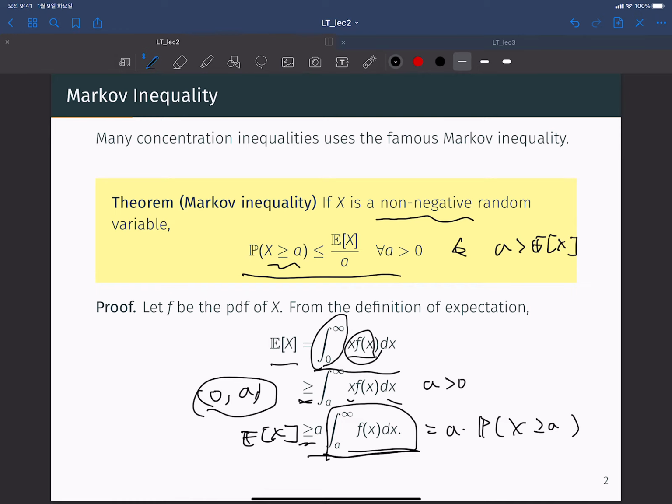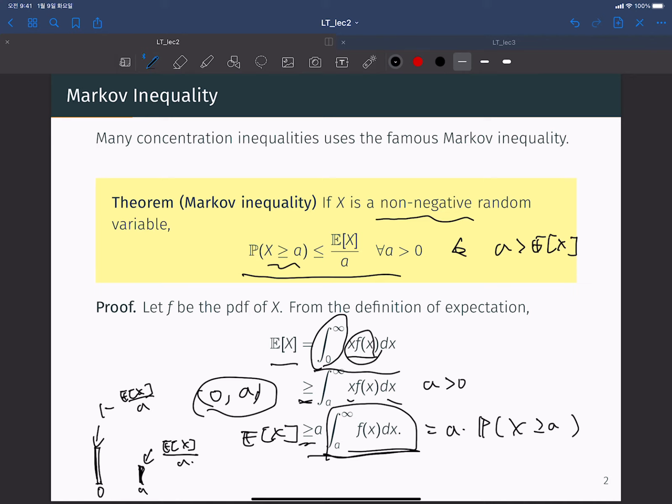The Markov inequality is tight when the probability density function is concentrated at point 0 and point a. Then the probability bigger than or equal to a is exactly the same as the expectation of x over a, and the mass at 0 is 1 minus the expectation of x over a.